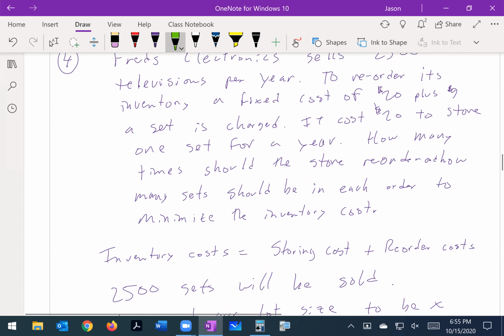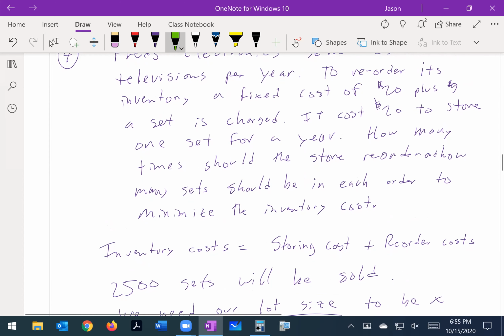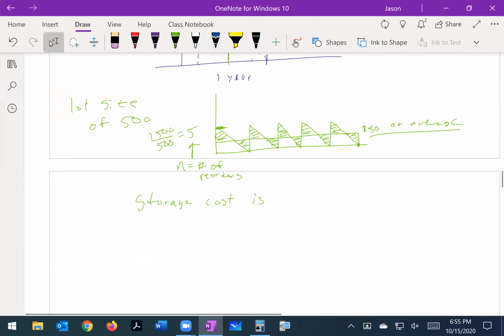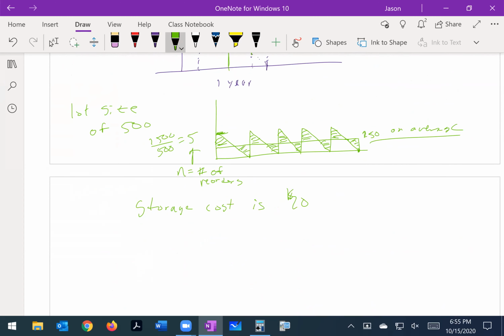It costs $20. The storage cost is $20 for my lot size divided by 2, so this is X over 2, for the year, because I'm not keeping as many on hand.